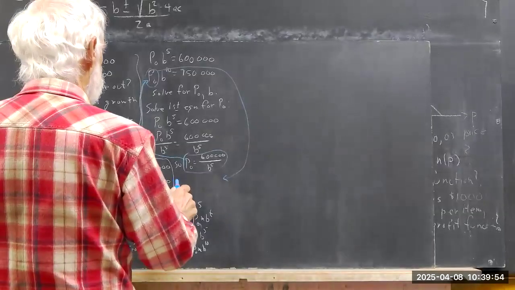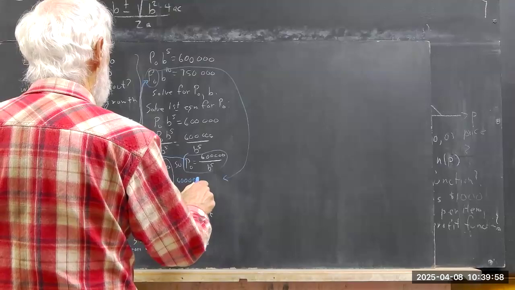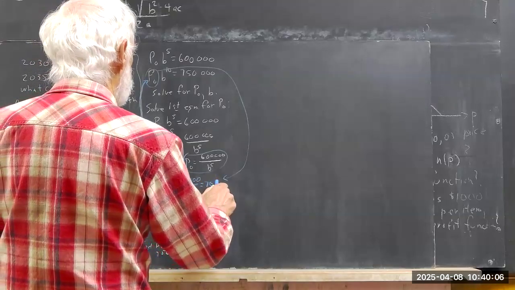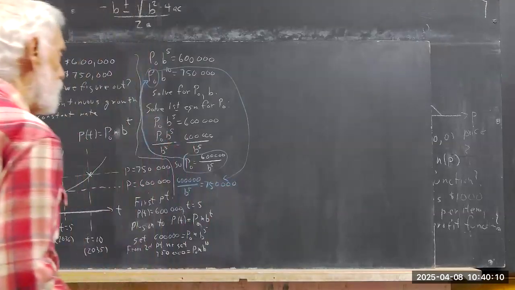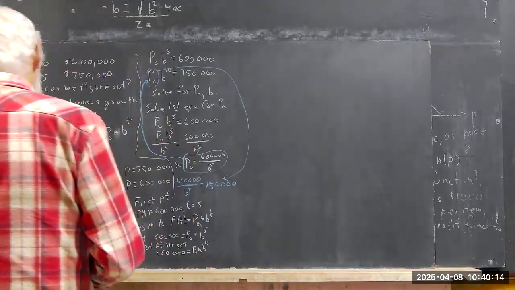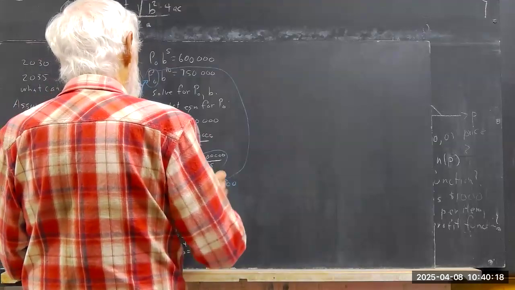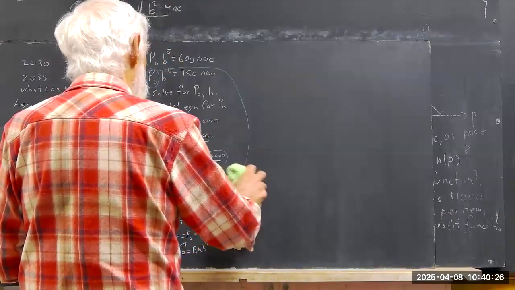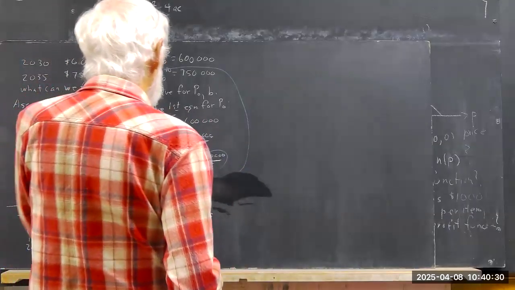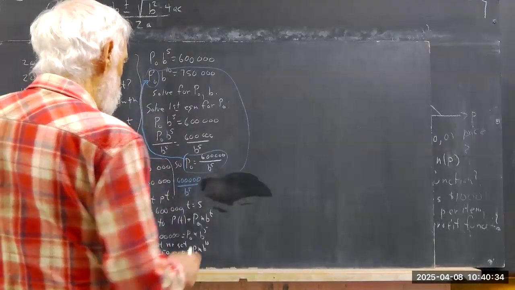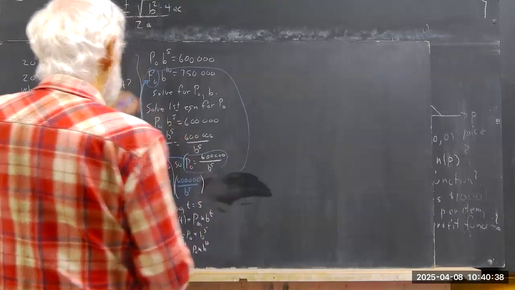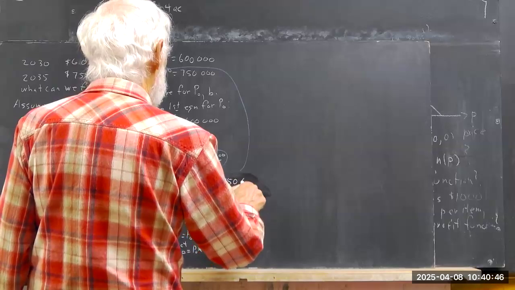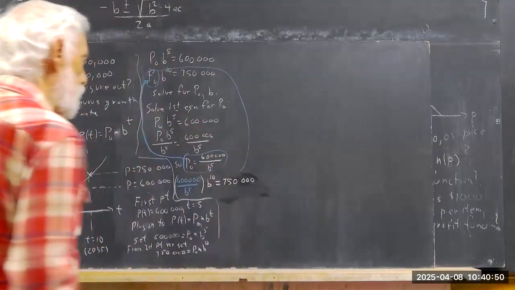And that gives us the equation 600,000 over B to the fifth, I'll just write in blue, that's this, times B to the 10th. That's going to equal 750,000.